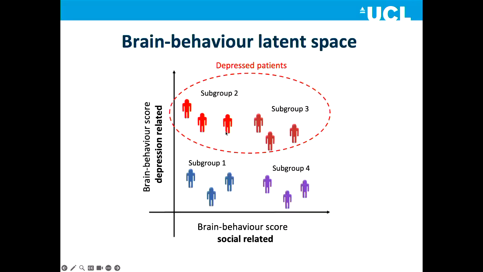We could also potentially use it to find subjects at risk of developing depression because their score is becoming higher in a specific latent dimension. So that's the idea. By finding these latent dimensions, we can simplify the problem instead of using the original very high dimensional data. And then the question becomes how we find these latent dimensions.